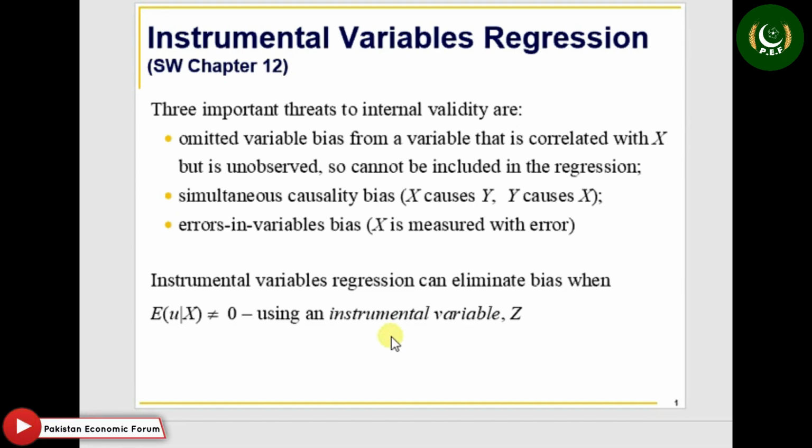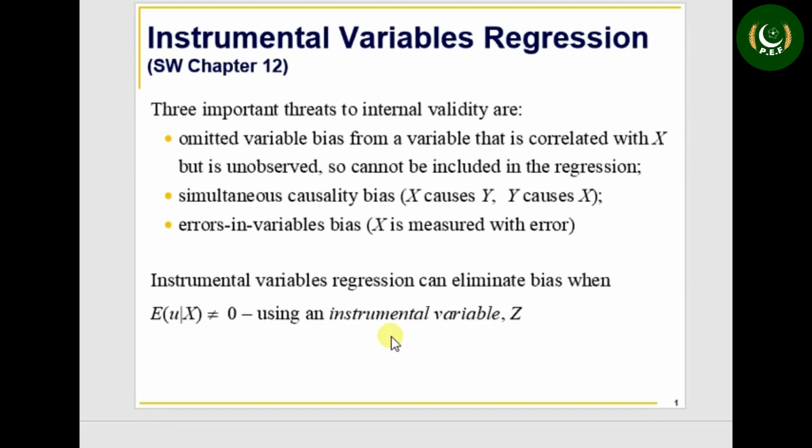Simultaneous causality: when you get a poor test score, you hire more teachers. This will reduce the student teacher ratio. So the student teacher ratio decrease is because of a low test score. So whether test score is determined by class size or class size is determined by the test score, we don't know.